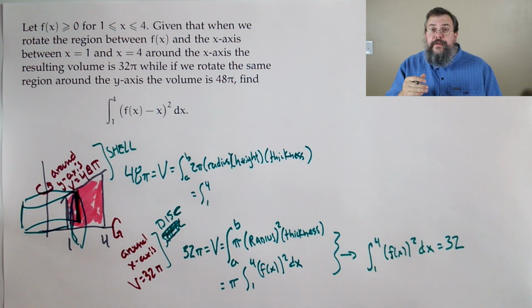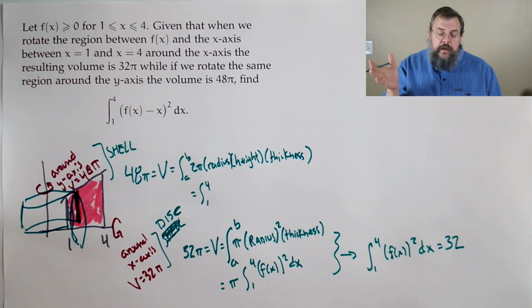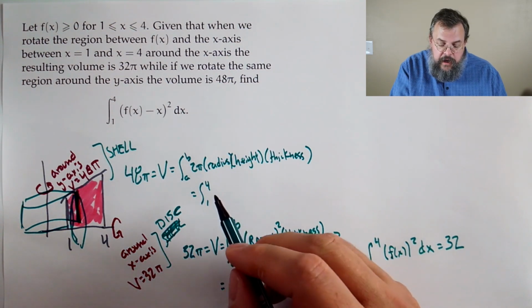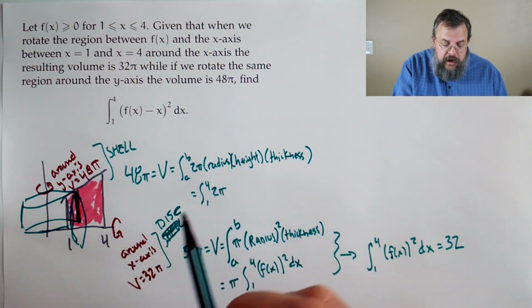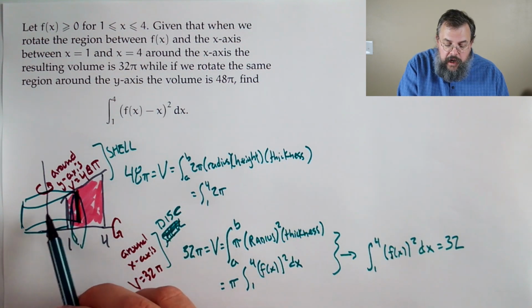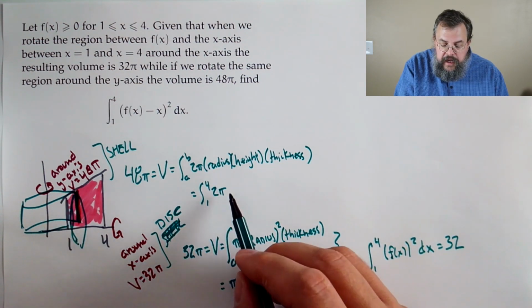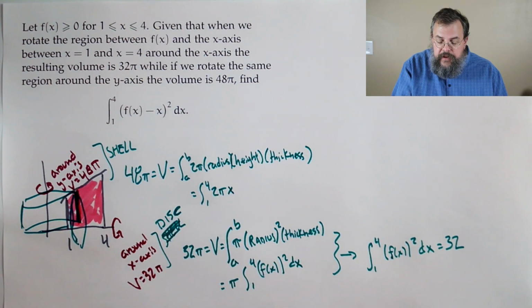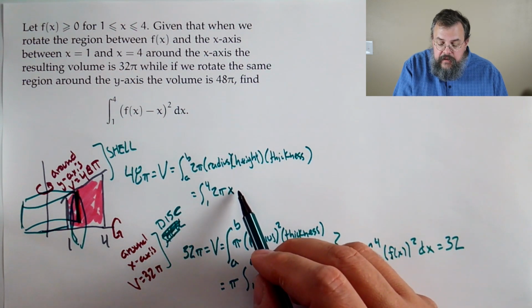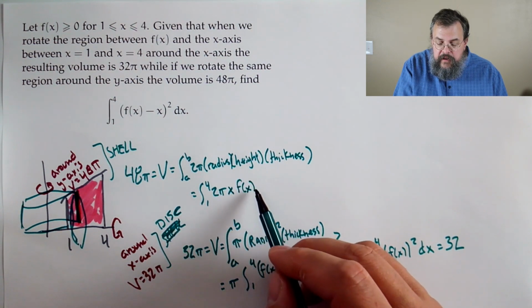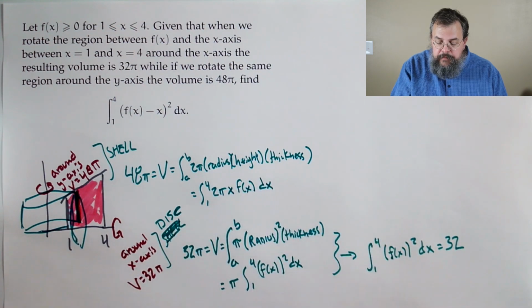That's the only thing we can do. So vertical slice, we're saying, where do we start and end? Start at 1 and 4. Our 2 pi, our distance to the y-axis is x. So that's x is the radius, and the height is f of x. And our thickness is dx.